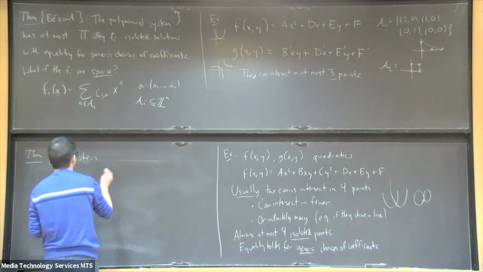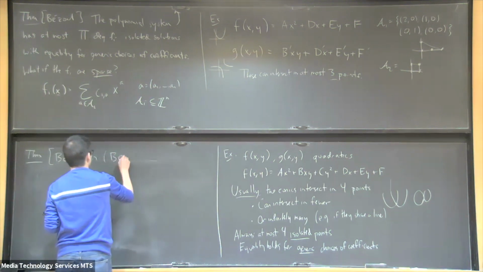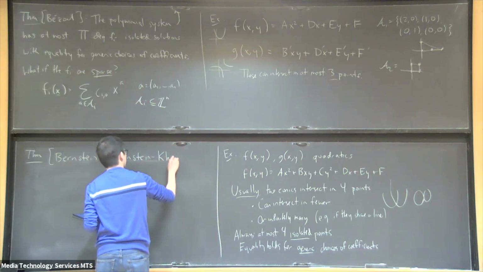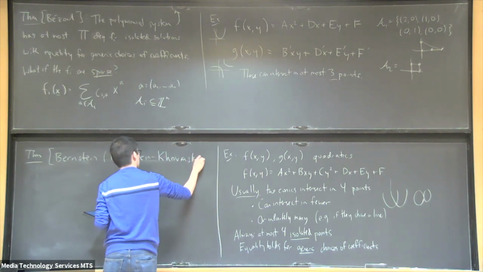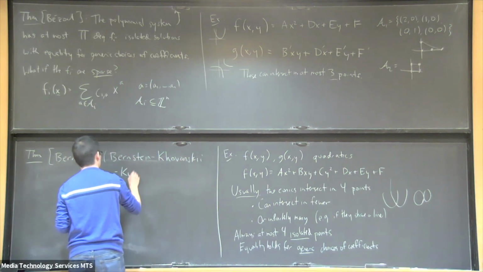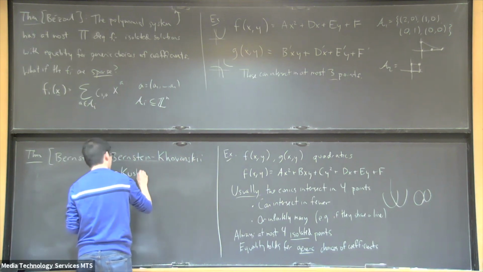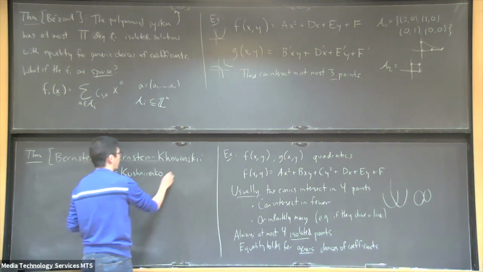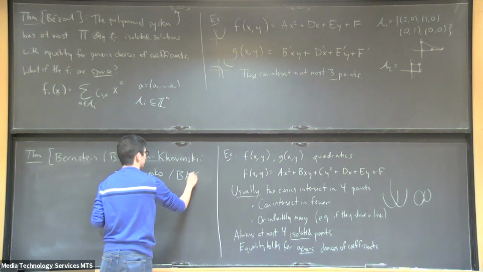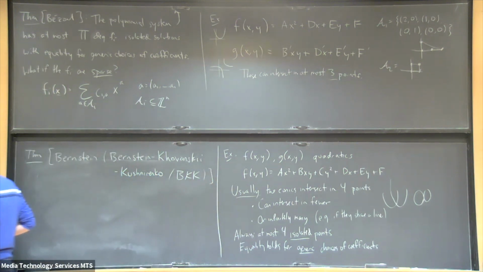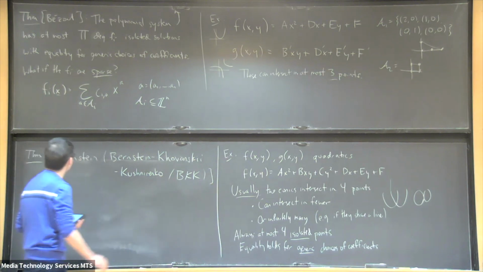It is also known as the Bernstein-Kushnirenko theorem, or sometimes just the BKK theorem. This is from roughly the mid-70s.